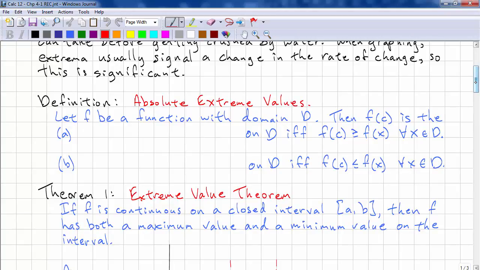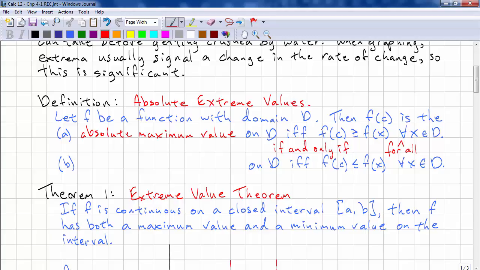Absolute extreme values. If f is the function with the domain D, then f of c is the absolute maximum value on D if and only if f of c is greater than or equal to all f of x in D. Okay, so the upside down A is for all.